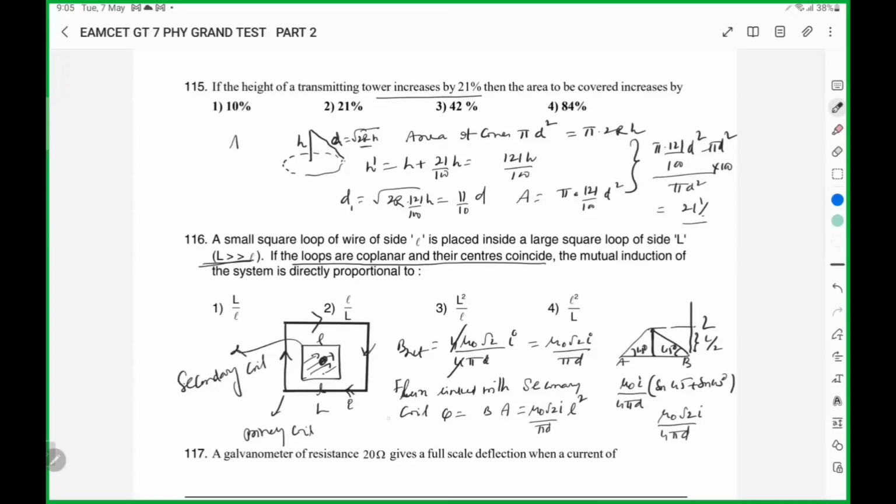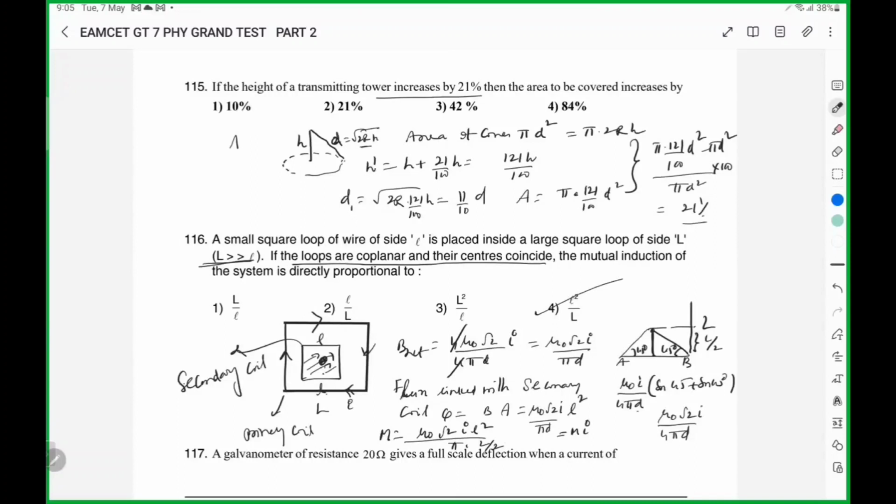This flux is created because of the current through the first coil, which is M I. So M will be mu naught root 2 l square by pi d, where d here is L by 2.